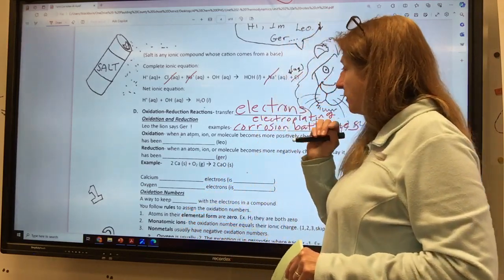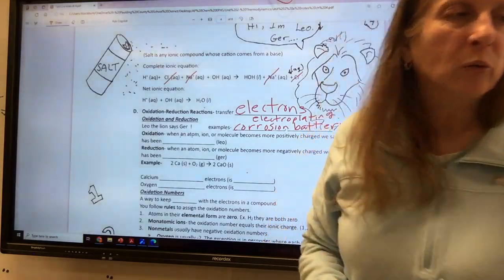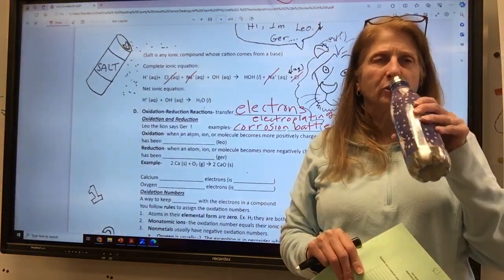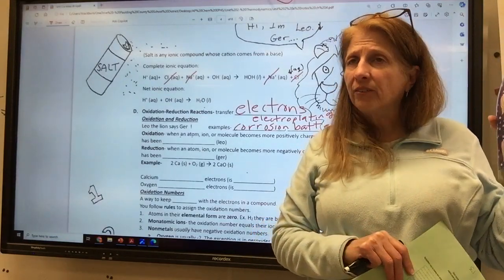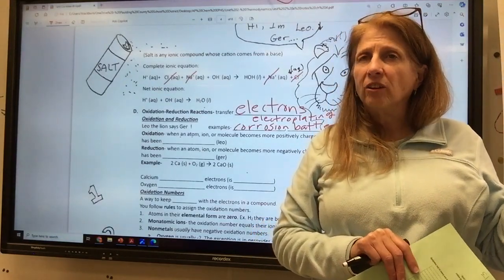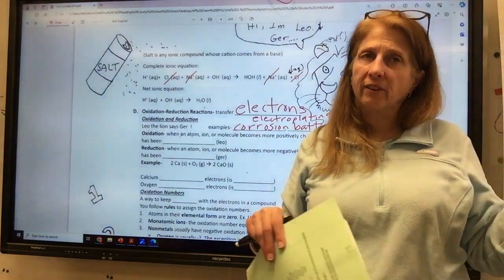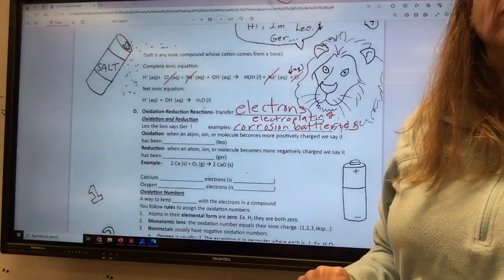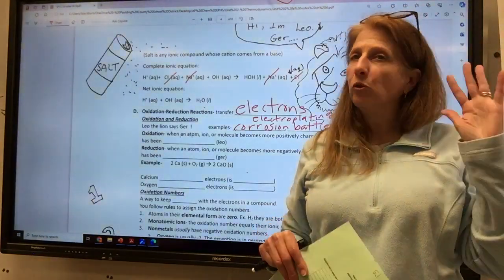Okay, all very practical. Okay, so this is part of chemistry that we've known about longer than chemistry. People have been concerned about rust since the Iron Age, thousands of years ago. And what causes rust? Redox chemistry. So there's part of this that's confusing as a result. But if you remember Leo, you'll be okay.